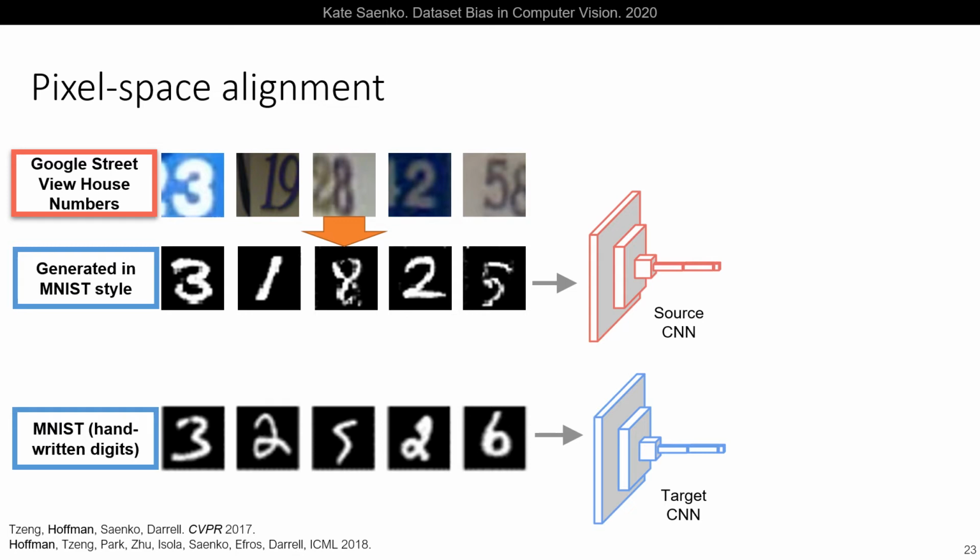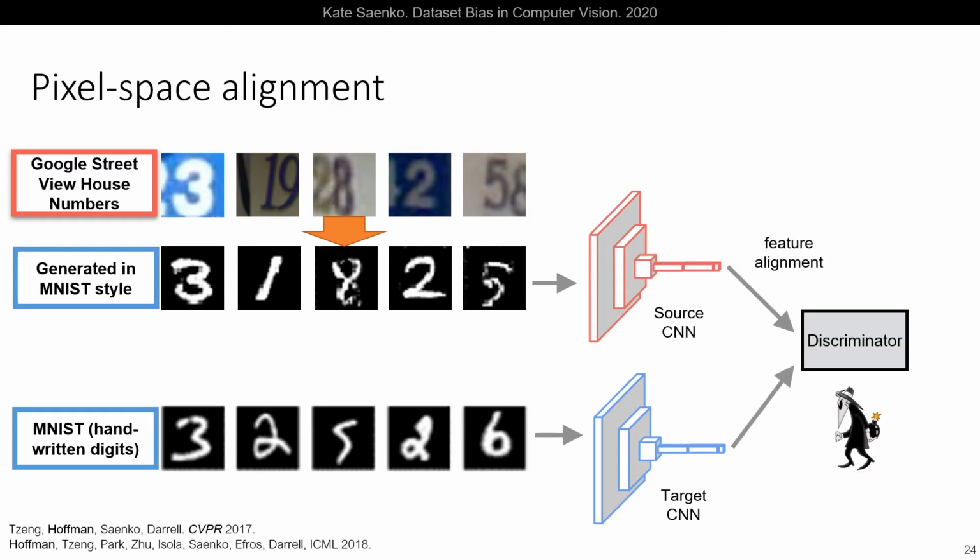So once we have translated our training data to make it look like the target, we now can also apply feature alignment in the feature space of the CNN. So again, we're going to apply the same idea that I just described by adding a discriminator and then fooling the discriminator in order to remove specific features of the domain.